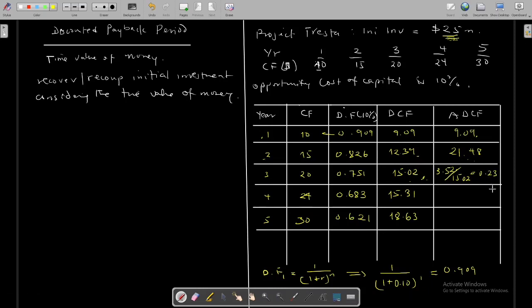What this means is that in the third year, it took us a fraction of a year to recover our full investment.